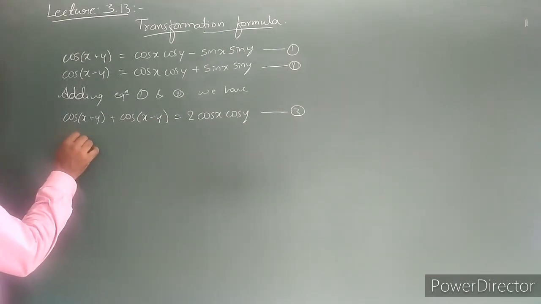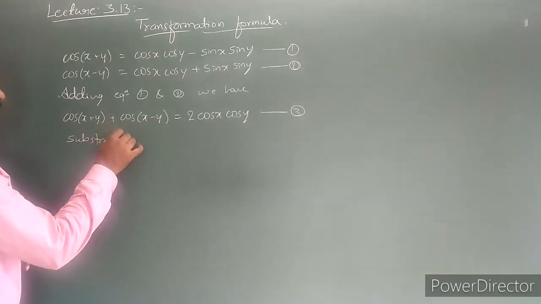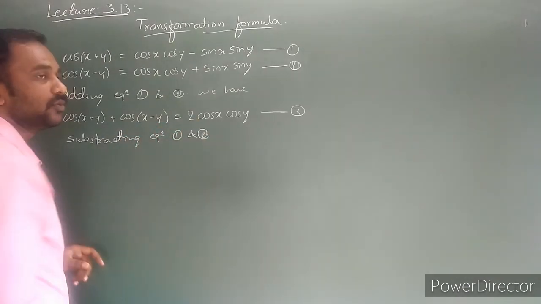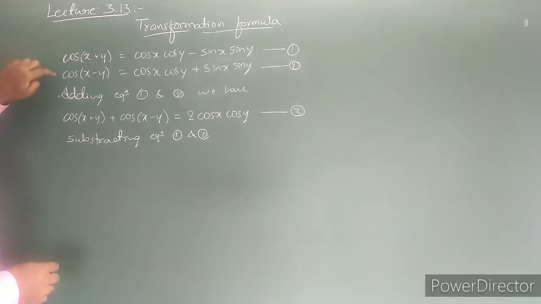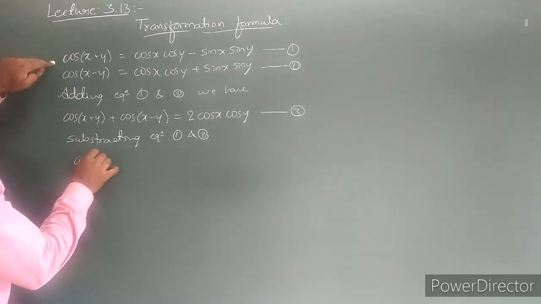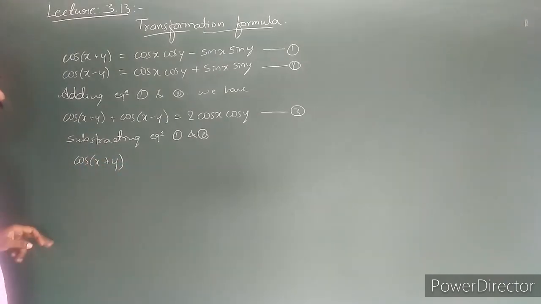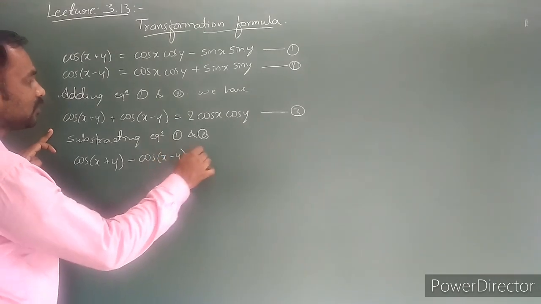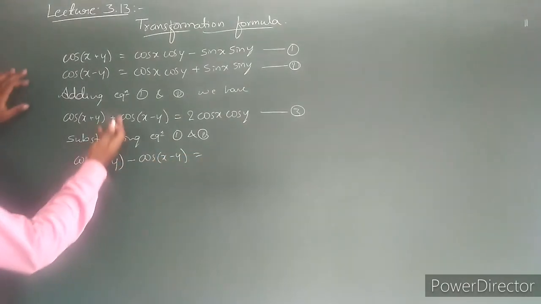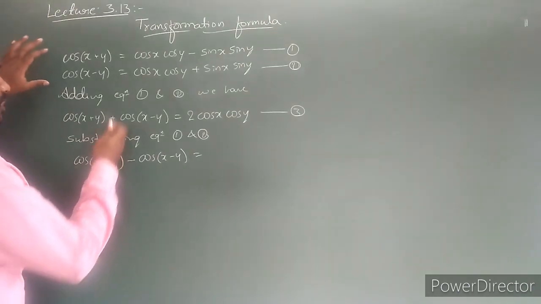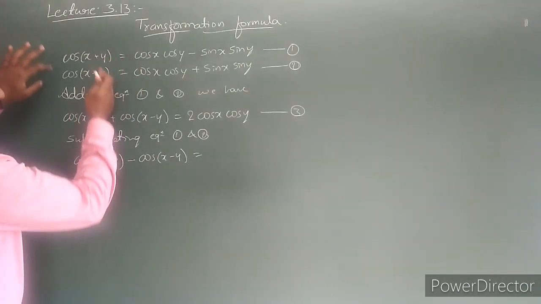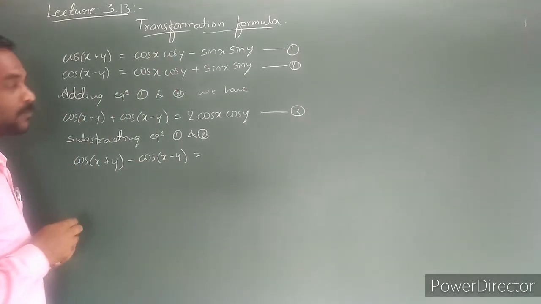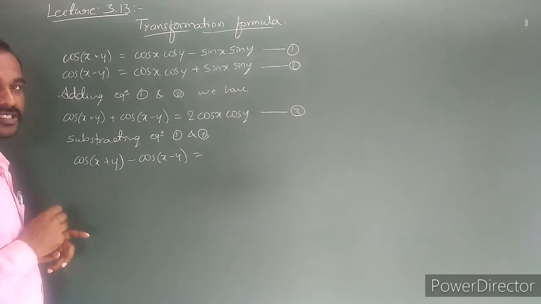Next, similarly, subtracting equation number 2 from equation number 1. The left-hand side is cos(x+y) minus cos(x-y), equal to the right-hand side subtracted. I am writing it directly, I think you can follow. Subtracting means we have to change the sign.